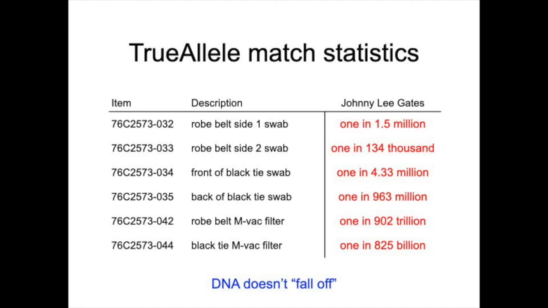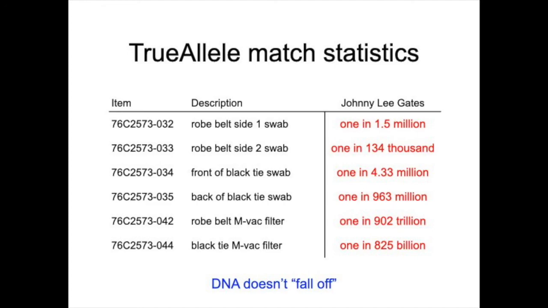And at the hearing, it was pretty dramatic how hard the prosecutors were working to not acquit this man. There was an amazing theory brought forward that there may be 4 contributors on these items of unknown people, so there's DNA there, but Johnny Lee Gates's DNA must have fallen off with the passage of time.